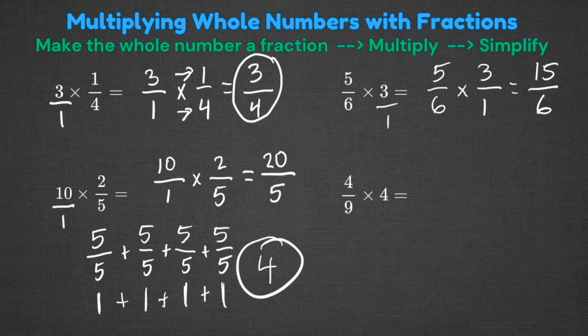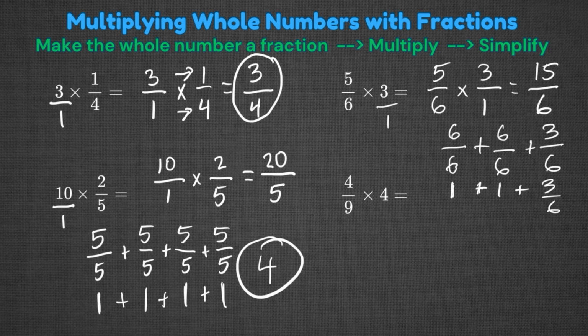Well, I know that 6/6 plus 6/6 gets me 12/6, which means that I have 3 left over. So I have 1 whole plus another whole plus 3/6. So my answer is 2 and 3/6.